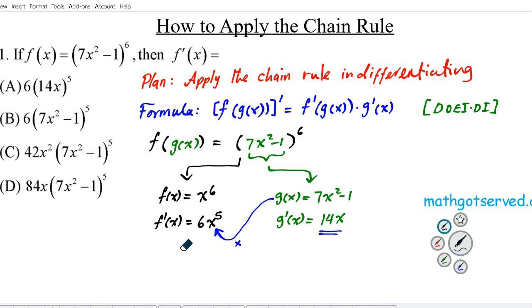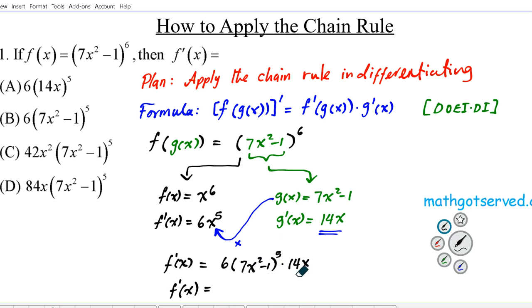If we do that, we're going to have f prime of x equals 6. Instead of x to the 5th power, we take out x and replace it with g of x, which is 7x squared minus 1, and then times the derivative of the inner, which is 14x. Oh wait, this is the 5th power, sorry.